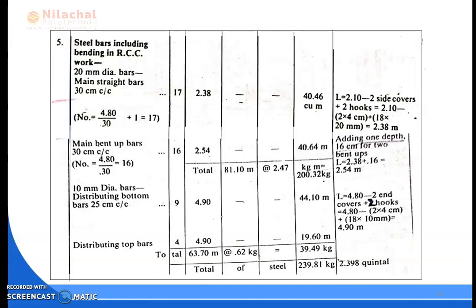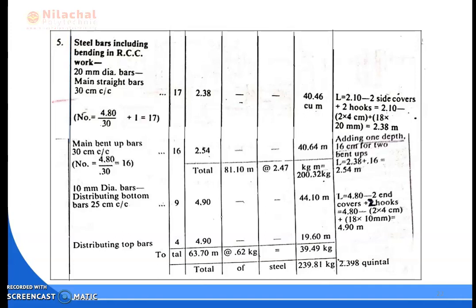Length of main bar. How can we define the length of the main bar? Length of main bar is equal to breadth of the section minus 2 into side cover plus 2 into hooks. This is the formula for the length of the main straight bar.